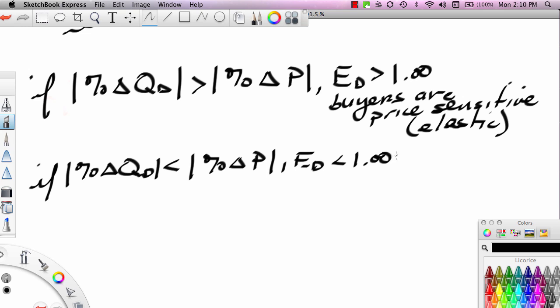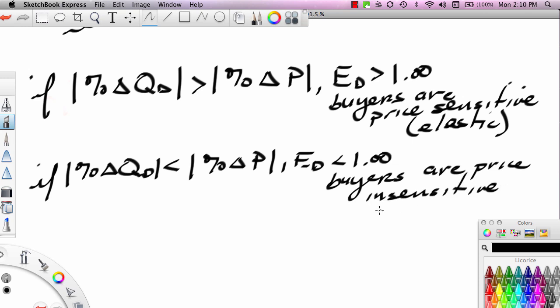So what's true here? Buyers are price insensitive. Which means what? Demand is inelastic. Buyers aren't responding a lot.